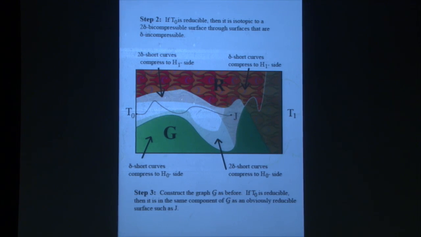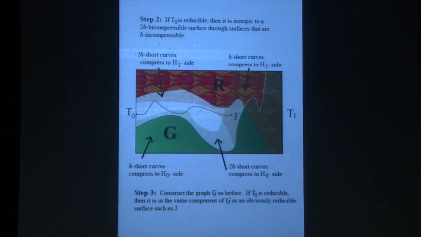So what you're supposed to get out of this picture is that there's some number delta, where on the right, there are delta-short curves on every leaf that compress both to the right and to the left. But on the other hand, there's some surface J with the property that you can get from T0 to J by a path where no curve on that path is short from the point of view of either the 0 side or the 1 side.